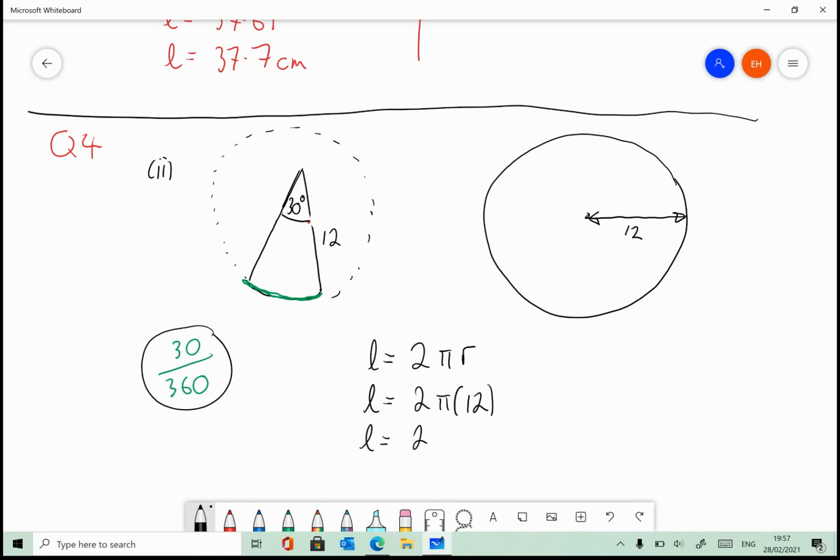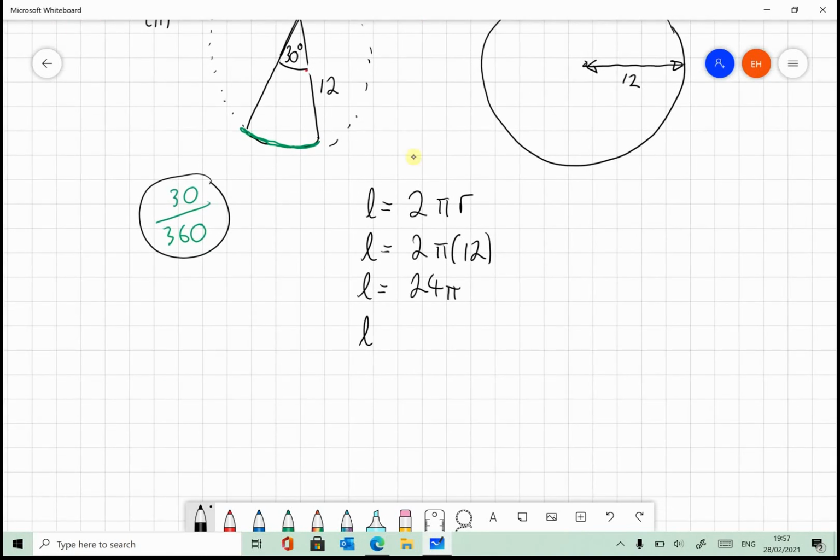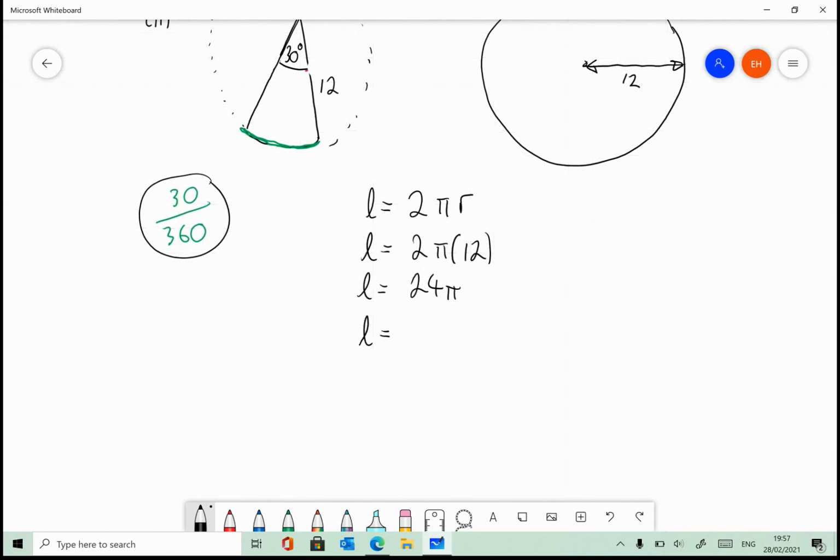L is equal to 24 pi. Of course, you don't need to do that step. You could jump straight to the answer here. L is equal to 24 pi, which is 75.398 centimeters, let's say. Now, that's the length of the full circle, but we only want 30/360ths of it.